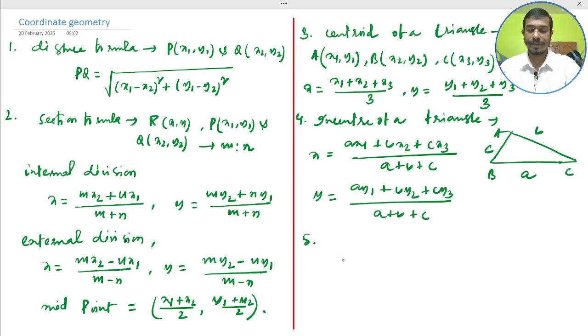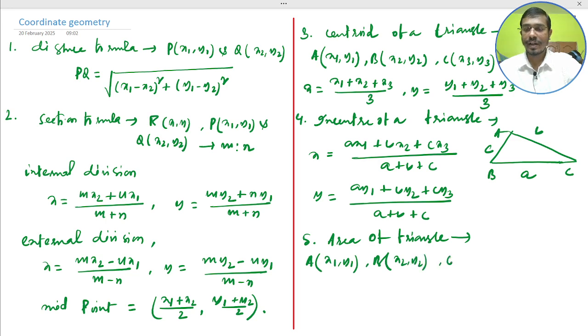Next, number 5, area of triangle. Suppose triangle ABC with vertices A (x1, y1), B (x2, y2) and C (x3, y3).